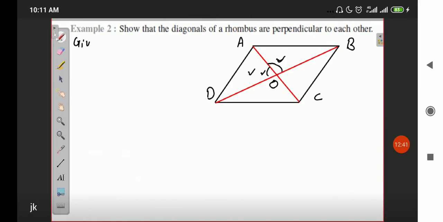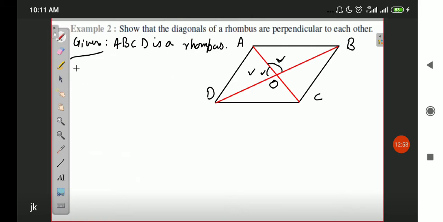Given, we are given that ABCD is a rhombus. What is a rhombus? A rhombus is a parallelogram with all of its sides equal.